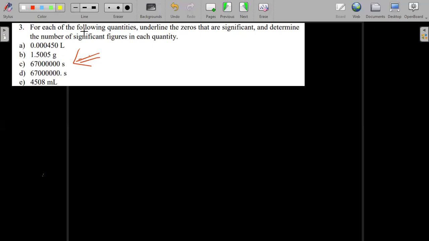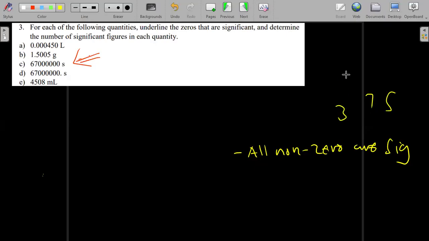So the first rule when it comes to significant figures is that all non-zero digits are what? Significant. So as long as a digit is not zero, it is considered significant. So for example, 7, 5, 3, 4, 1. As long as that number is not zero, it is significant.